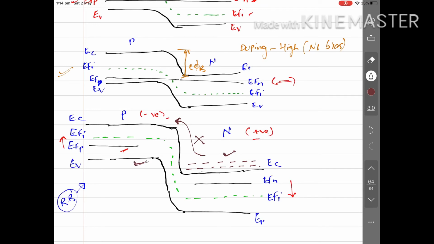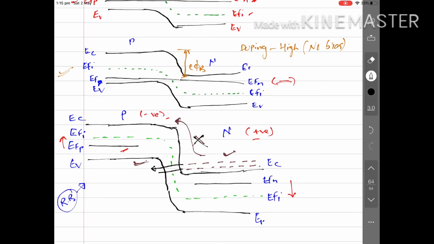So as a result, electrons from the N side, instead of going to the conduction band of the P side, which is not possible because of the higher energy, since an electron cannot go from lower energy to higher energy, move from the conduction band to the valence band of the P side, like this, right?